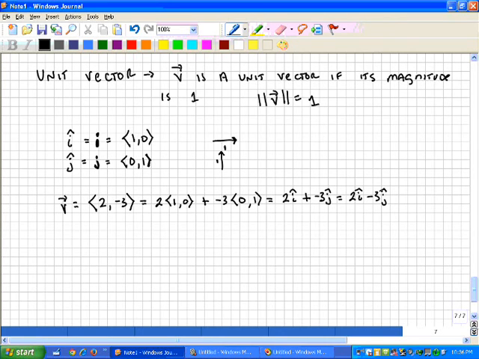It's important to know that you can find a unit vector in any direction by simply dividing the vector by its magnitude, or multiplying by the reciprocal of its magnitude. Let's look at this vector v. If we want to find a unit vector in the direction of v, first we find the magnitude of v.